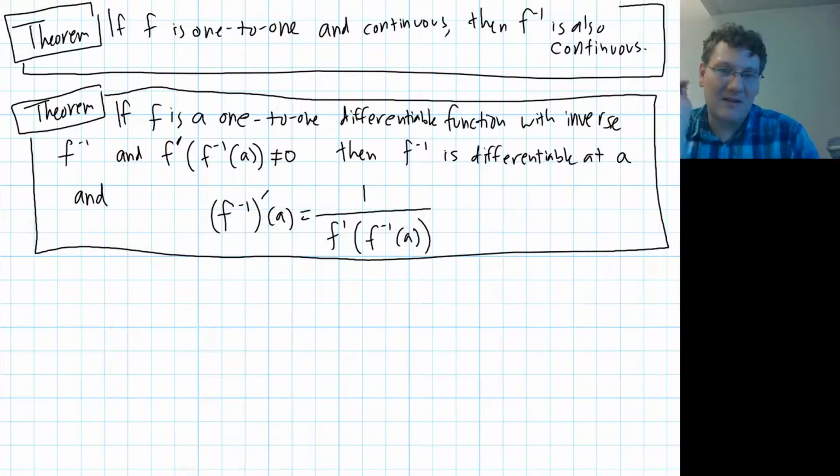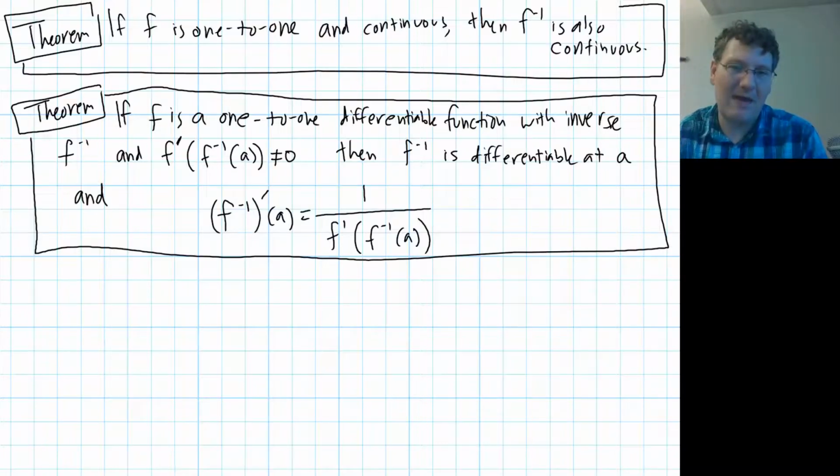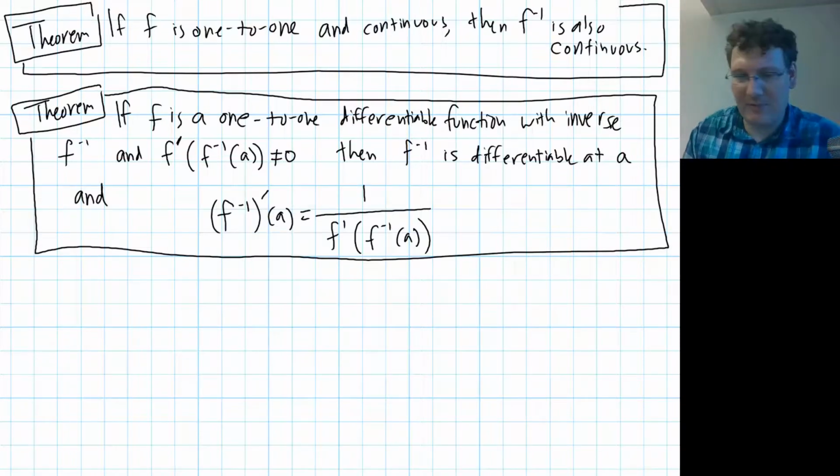As long as the function f doesn't have a zero derivative there, then f inverse would be differentiable at a, and its derivative would be the reciprocal of the derivative of f at f inverse of a. Let's take a look at an example.